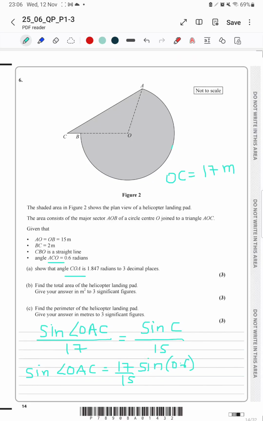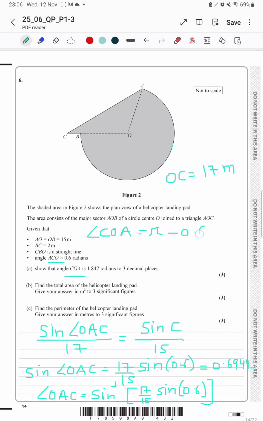When you simplify this and find angle OAC, it will be sine inverse of 17 over 15 times sine of 0.6, and this is going to be 0.6944... Now we have to find angle COA, that is equal to the sum of all the angles, 180 degrees minus the angle 0.6 and minus this 0.6944, and that will give you the answer 1.847 radians.